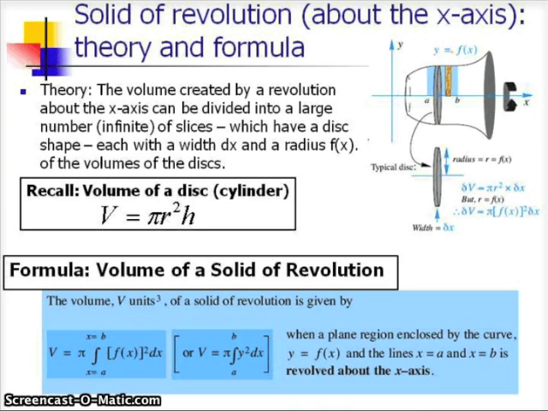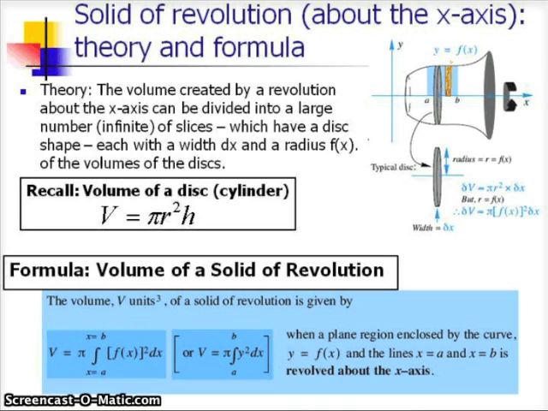And of course what we did is we used calculus to make the width of the slices get closer and closer to zero, so the number of slices gets closer and closer to infinity, and instead of just an approximation, we end up with an accurate area underneath the curve.